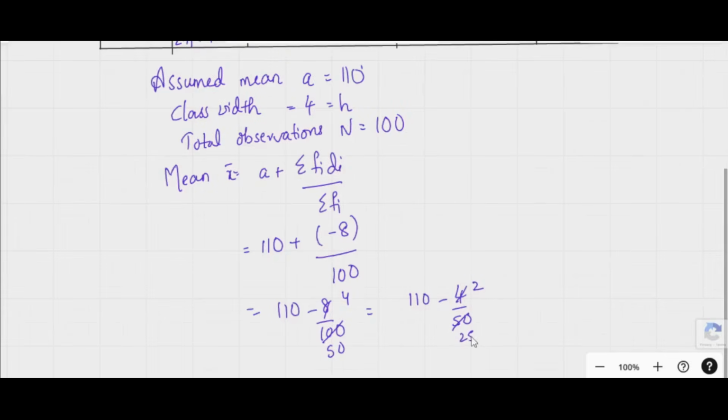It is 2 by 25, which is 0.08. So 110 minus 0.08. The answer is 109.92. This is the answer. So the trick that I want to tell you is, don't take LCM over here. Just cancel directly and subtract it.